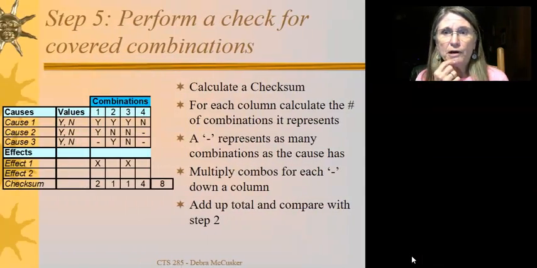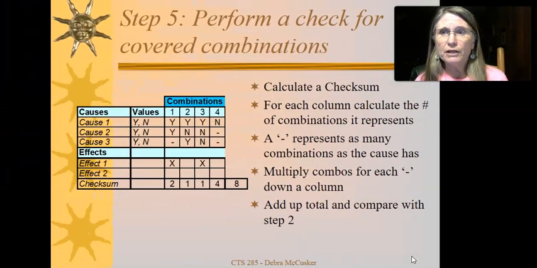So there is a possibility to calculate something called a checksum. So it's a double check. And how you do this is for each column, you calculate the number of combinations it represents. So in the case of a column that has all of its values filled out, it represents 1 combination.